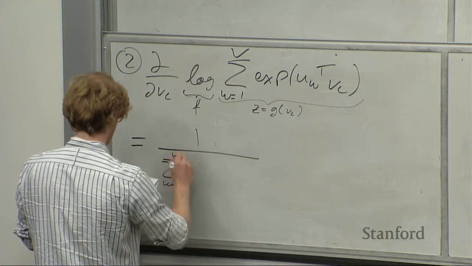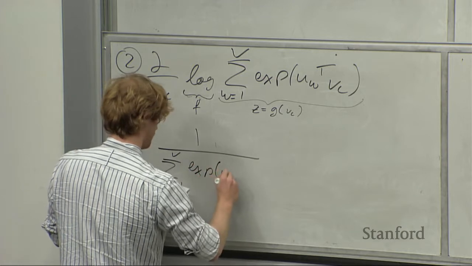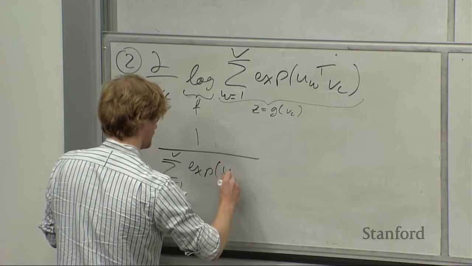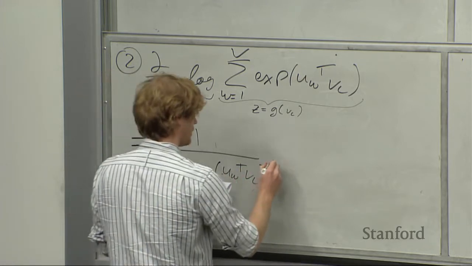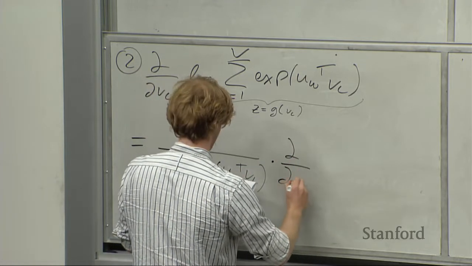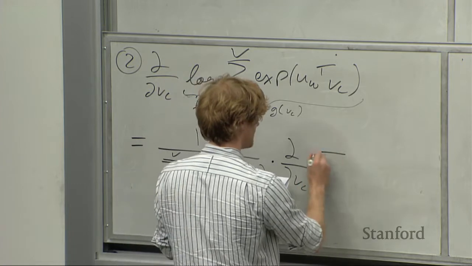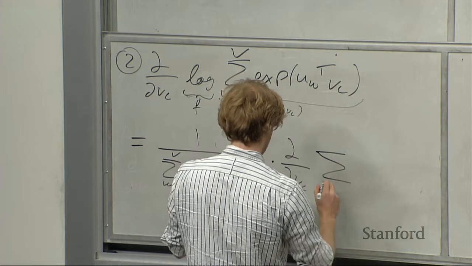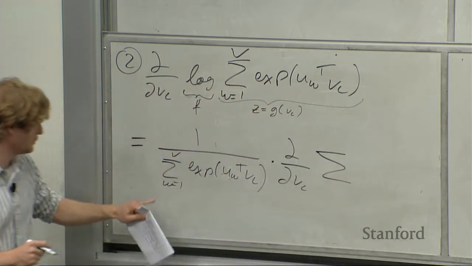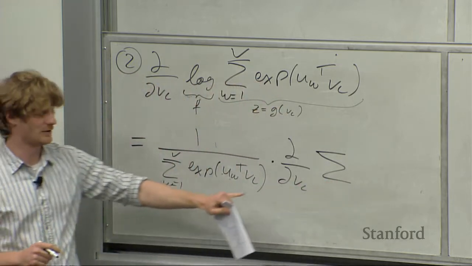The sum over w equals 1 to V of the exponent of u_w transpose v_c. Now we can multiply this with the derivative with respect to v_c of the inside of that. And now it's very important to not use the same index, because this is now a different sum.